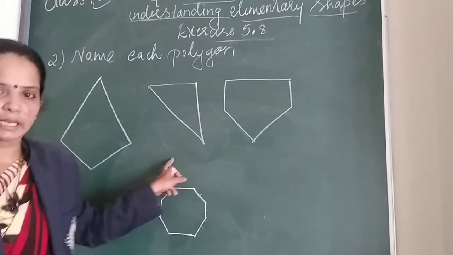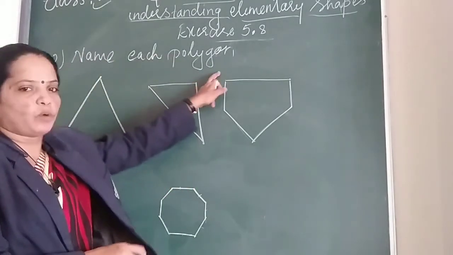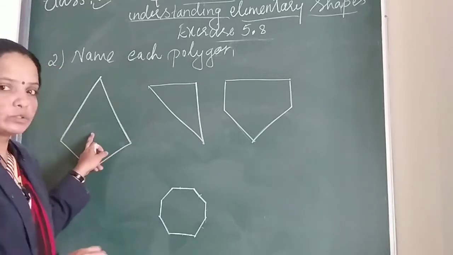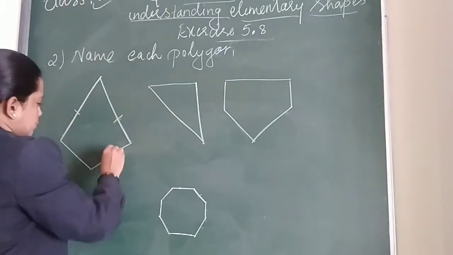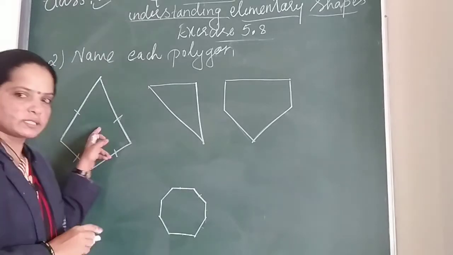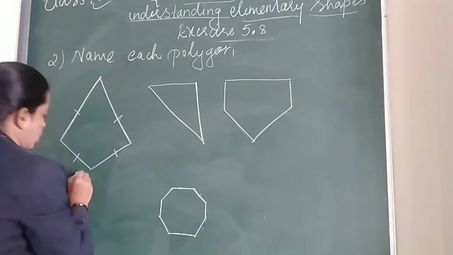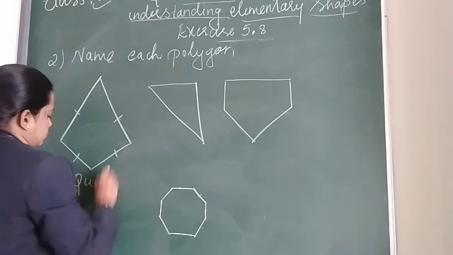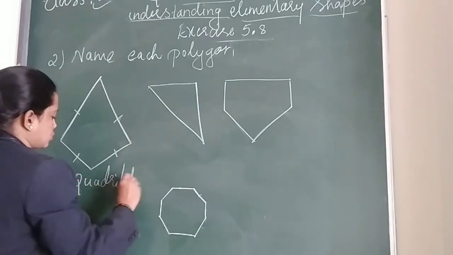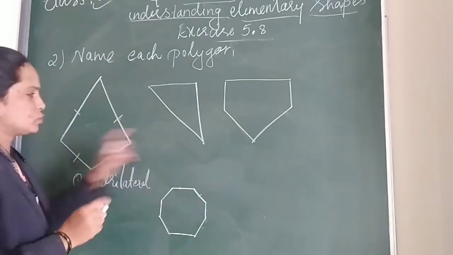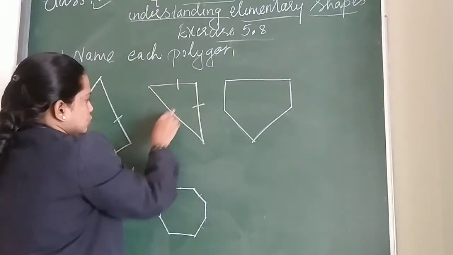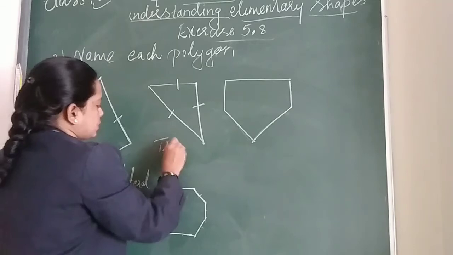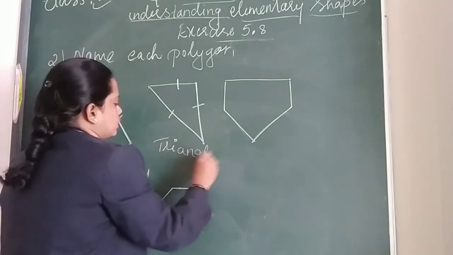The second question, name each polygon. First one, count the number of line segments: 1, 2, 3, 4. 4 line segments means it is called a quadrilateral. Next one, how many line segments are there? 1, 2, 3. 3 line segments, it is a triangle.